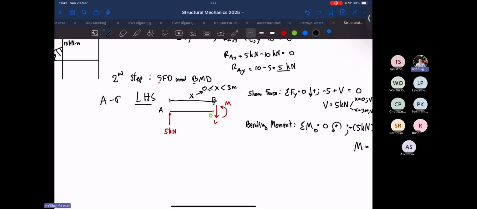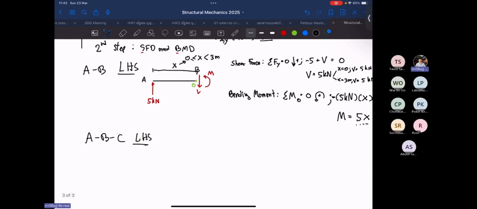This one is from A to B, and next one is from A to B to C, left-hand side. So next is A, B, C. Now we have point A, point B, and point C. From A to B is 3 meter.